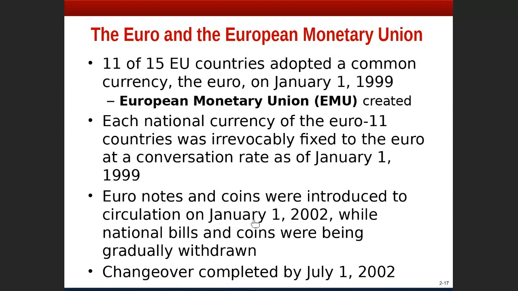Now, euro notes and coins were introduced into circulation on January 1st, 2002, while national bills and coins were being gradually withdrawn, and the changeover was completed by July 1st, 2002.